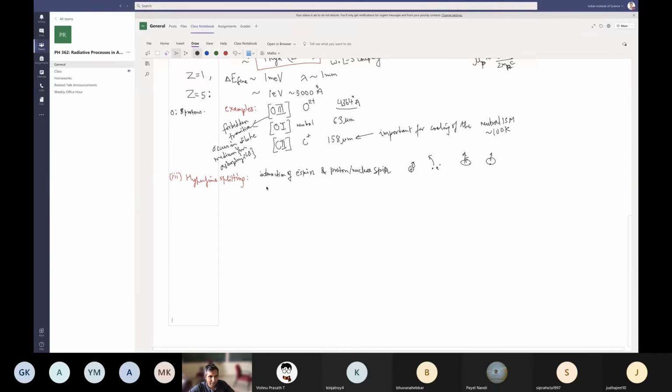Right, so the energy is basically mu dot B, the electronic spin's mu with B due to the proton at the location of the electron. Okay, so what is B?